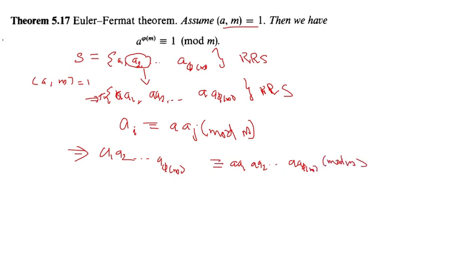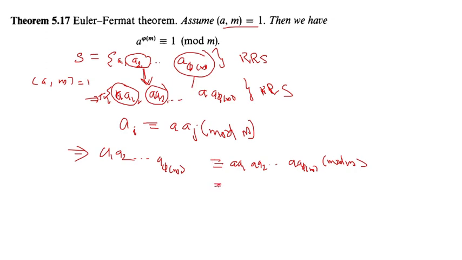That means if we take any element from S, there is a congruent element in T. Therefore, if we take every element in S, that element must be congruent to one of the elements in T. Therefore, a1 is congruent to one of the elements in T, a2 is congruent to one of the elements in T, etc., a phi of m is congruent to one of the elements in T. Therefore, we can write a1 times a2 times etc. times a phi of m is congruent to aa1, aa2, etc., aa phi of m modulo m.